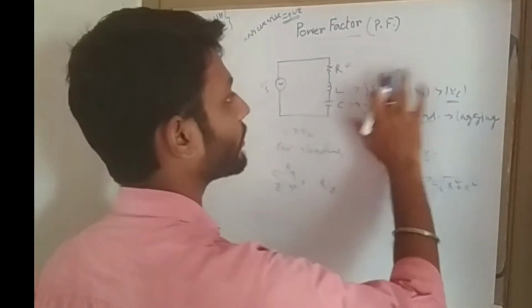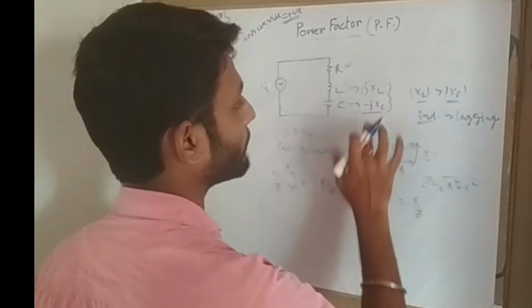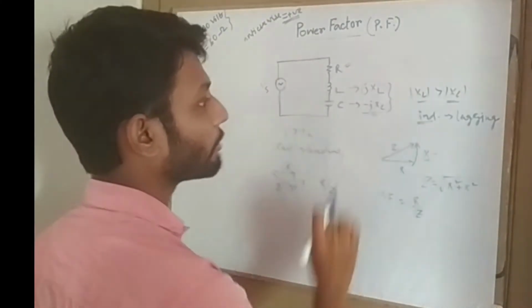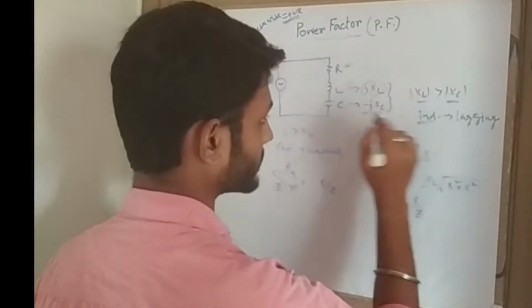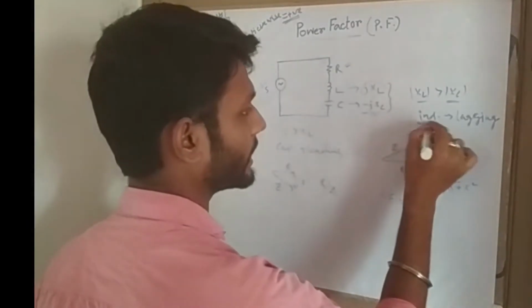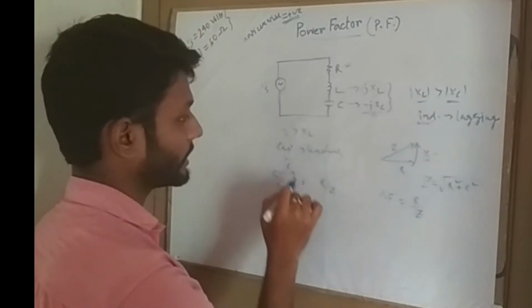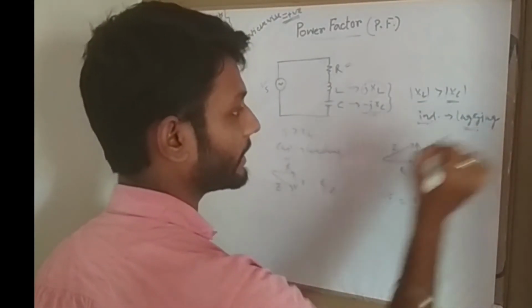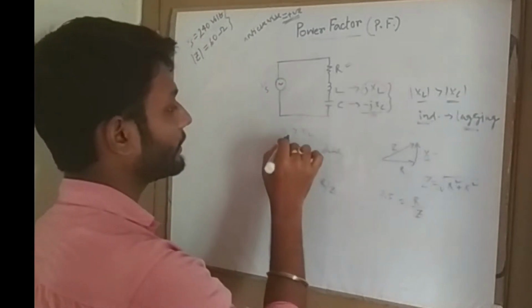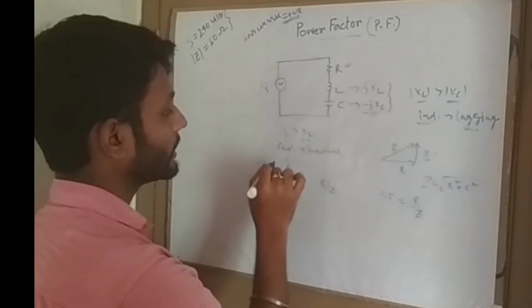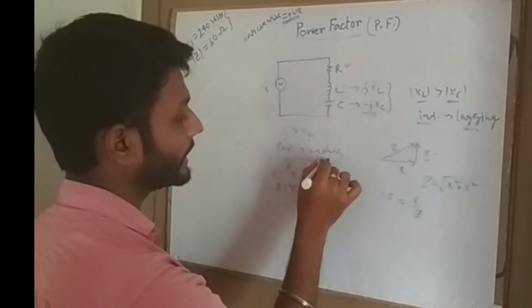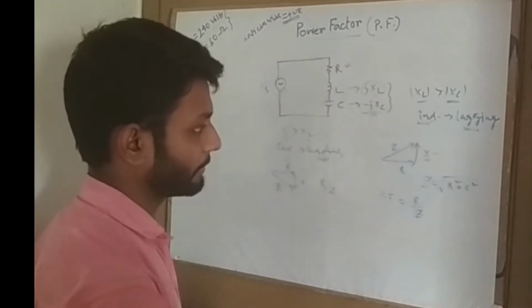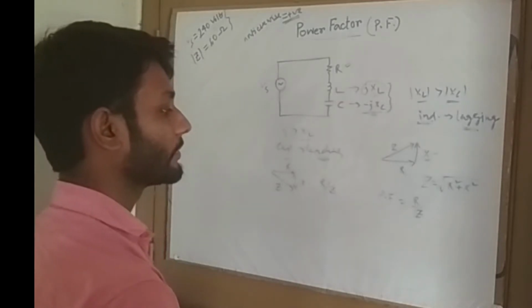In this way, from these jXL and jXC values, we will come to know whether the overall circuit is inductive or capacitive in nature. If it is inductive, that is XL greater than XC, then it will be a lagging load, and if XC is greater than XL mod value, then the load will be leading, capacitive in nature, and the power factor will be leading type. Okay.